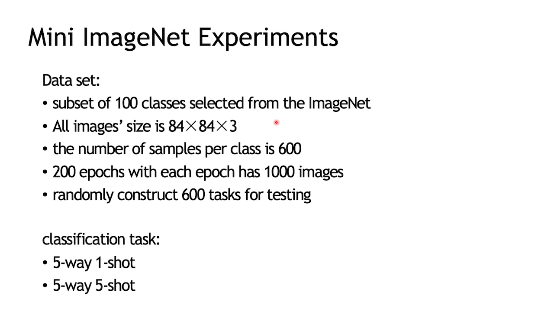The whole training process was repeated for 200 epochs with 1,000 images each time, and 600 images were randomly selected for testing. The classification tasks are 5-way one-shot and 5-way five-shot, respectively.